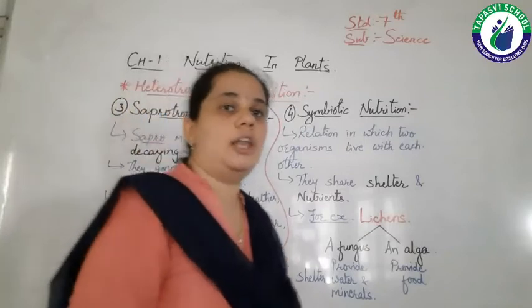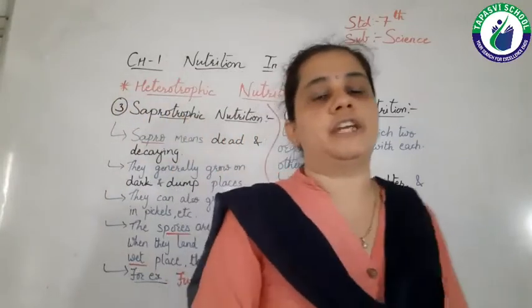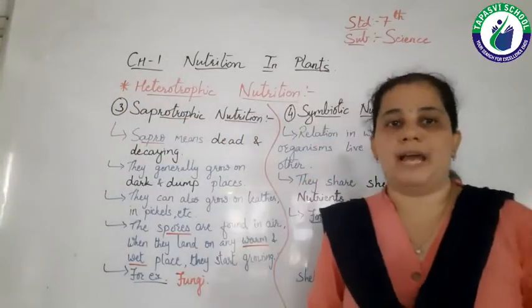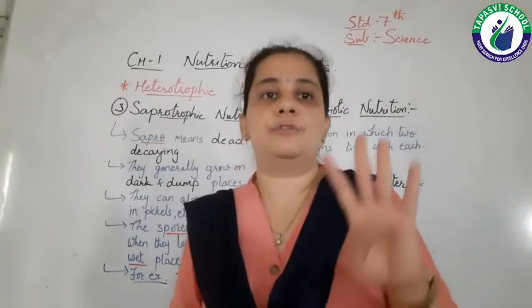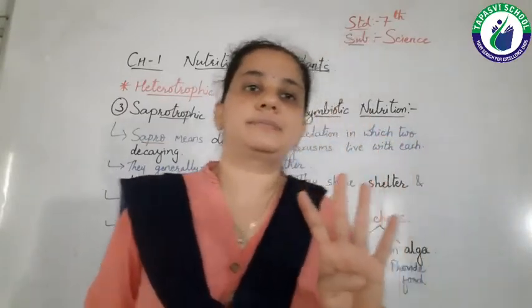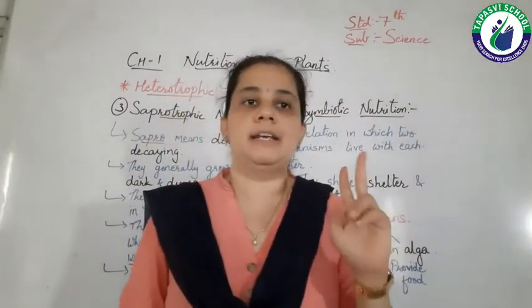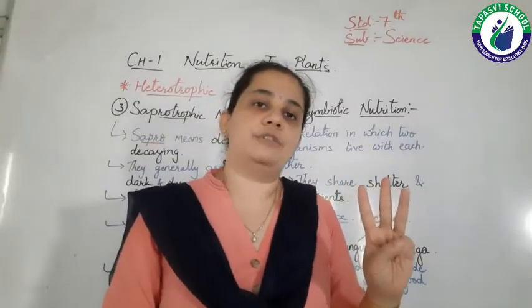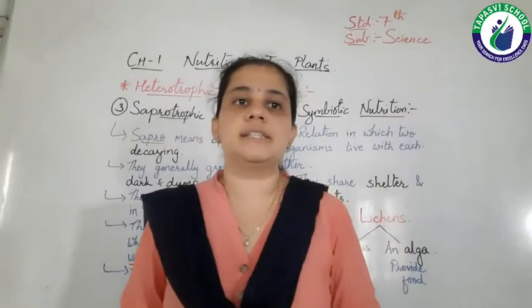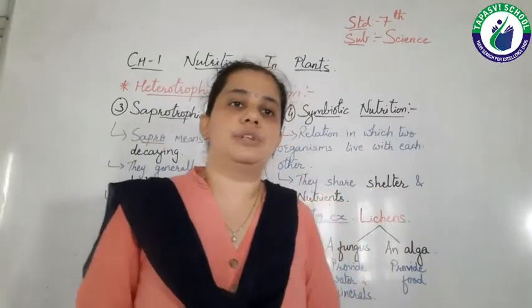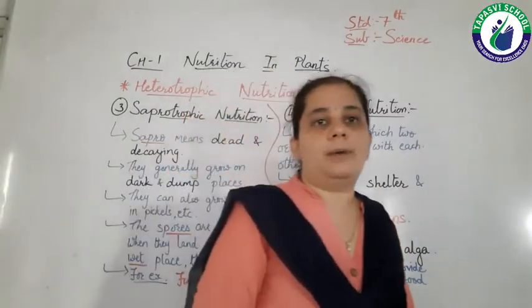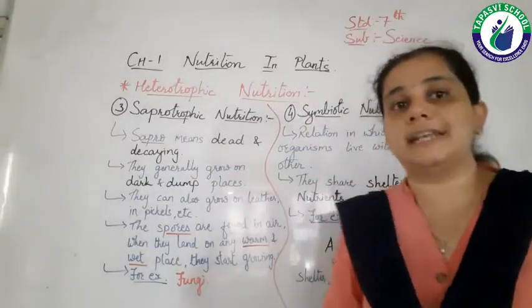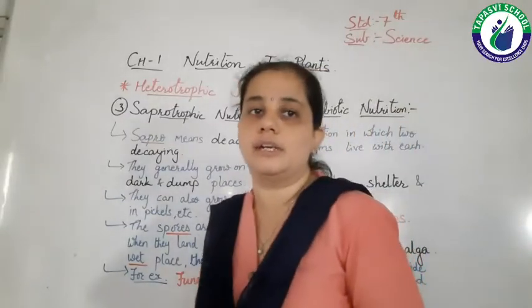So this is all about heterotrophic nutrition in plants. We studied 4 types: first parasitic, second insectivorous plants, third saprotrophic nutrition, and fourth symbiotic nutrition. Now the last topic of our chapter is replenishment of nutrients.